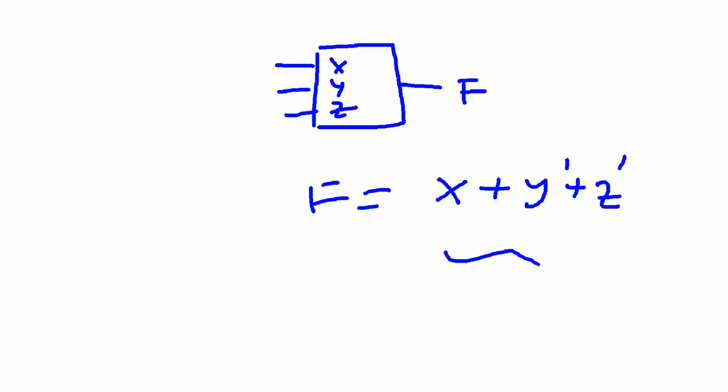This term will be 0 when x is 0, when y is 1, when z is 1, right? 0 plus 1 prime becomes 0, plus 1 prime becomes 0. So 0 or 0 also becomes 0. This one is a max term, because the output becomes 0 in only one case: when x is 0, y is 1, z is 1.